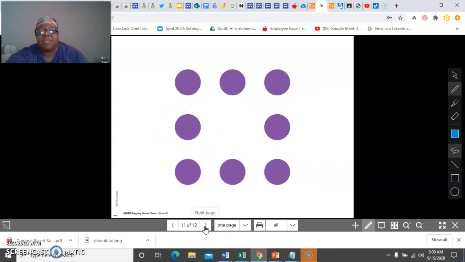Okay. What shape did the dots make this time? Hopefully you said square. It looks like a square. And so you can see these in different ways. You might see 2 groups of 3. You may see 2 in the middle. You might see a group right here. And you might see this group.